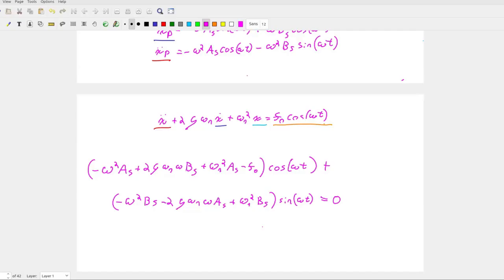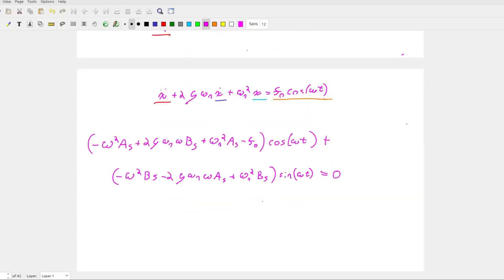So if we set t equal to pi over 2 omega, we get cosine of omega t is equal to 0, and sine of omega t is equal to 1.